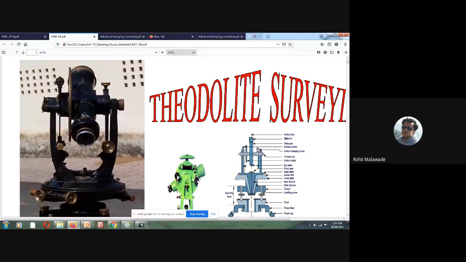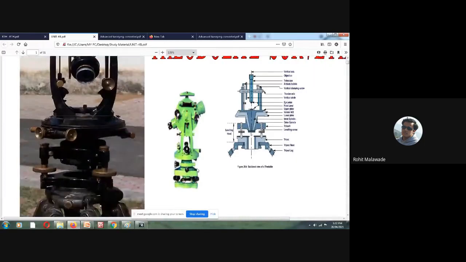vertical circle. Here we call it a vertical circle. Whenever we want to measure vertical angles, we will use this vertical circle. The horizontal circle is used to measure the horizontal angle, and this vertical circle is used to measure the vertical angles.